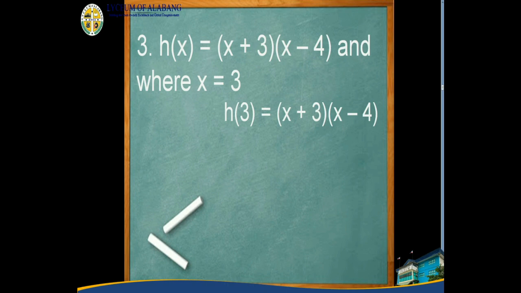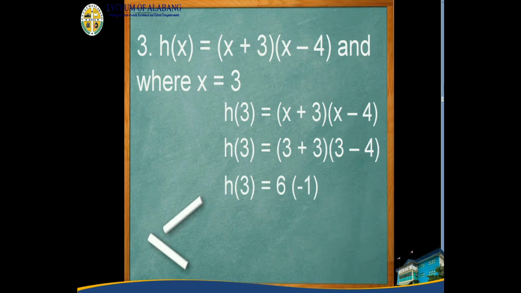Just replace the variable x with 3, so we have h of 3 is equal to 3 plus 3 times 3 minus 4. Then, simplify, and we have 3 plus 3 is equal to 6, and 3 minus 4 is equal to negative 1. Therefore, h of 3 is equal to negative 6.